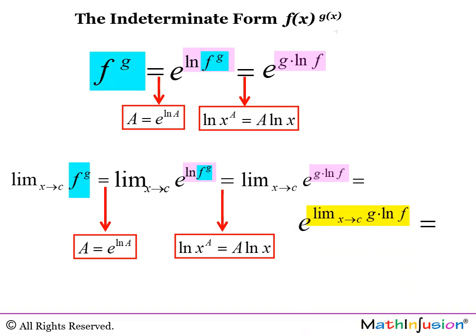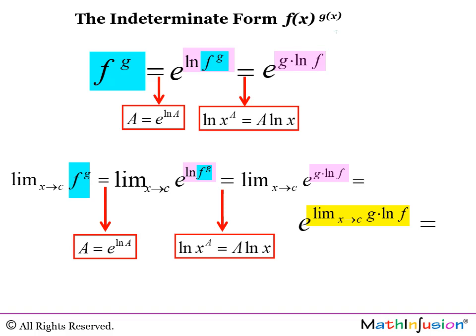And now I would like to recall some theorem about limits that we did a long time ago that says that if a function is continuous, you can switch the limit and the function, which means the limit of e to some function is also e to the limit of this function.